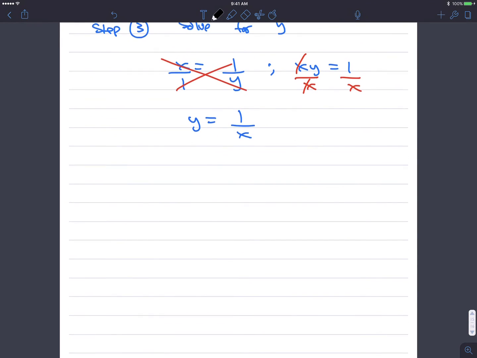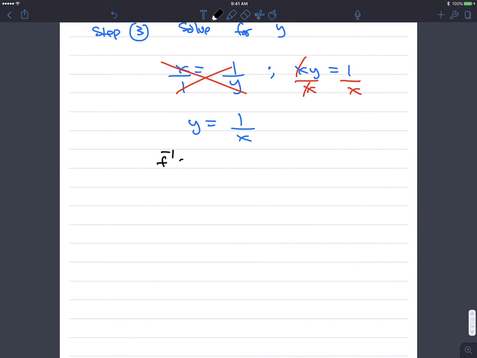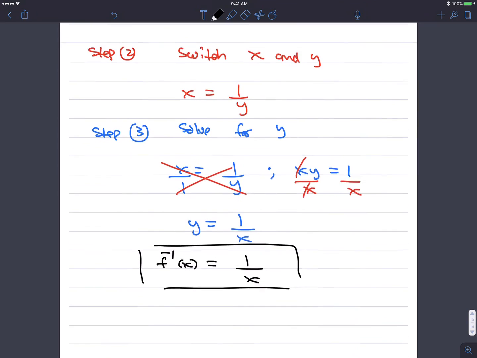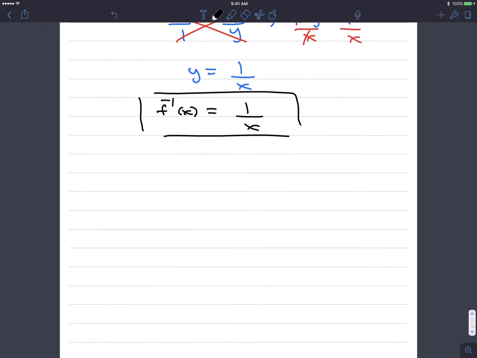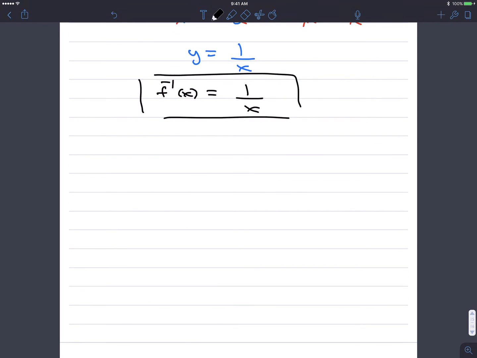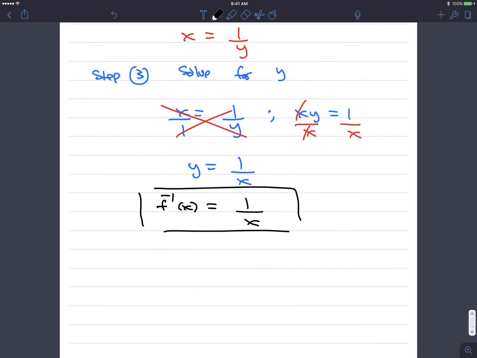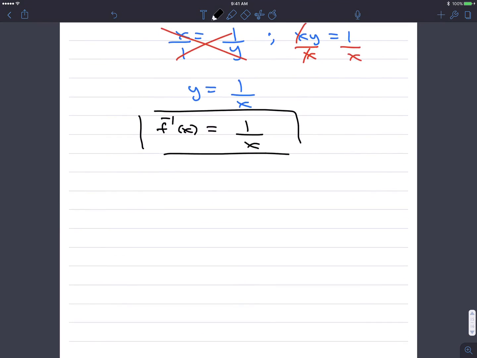What's step 4? My answer step. The inverse function is 1 over x. Look at that. Isn't that interesting? The function is 1 over x, and its inverse is what? 1 over x. It's the same. It's its own inverse. That's weird.